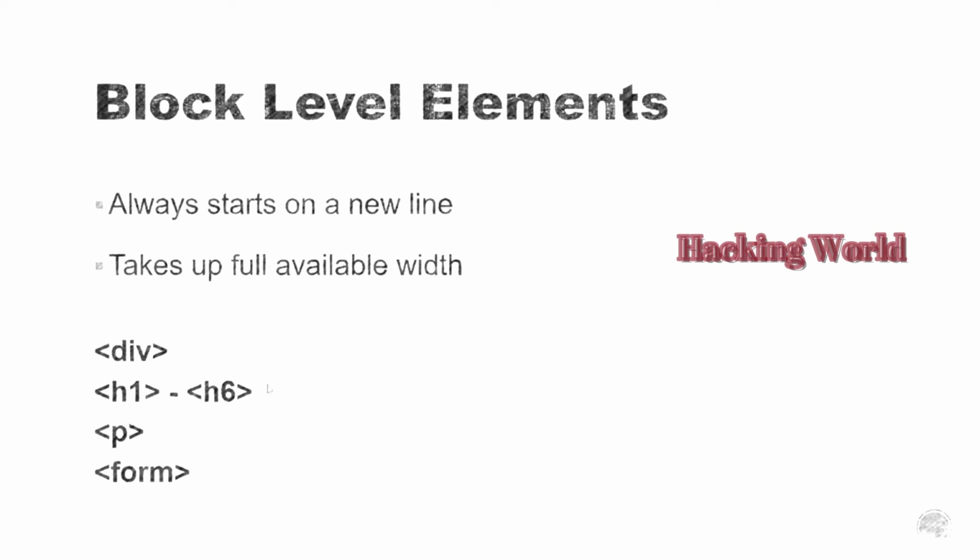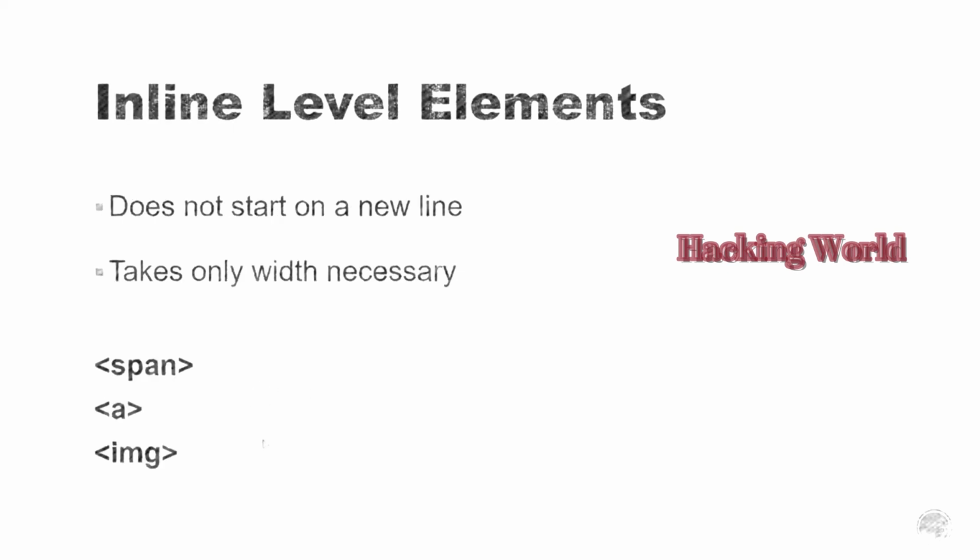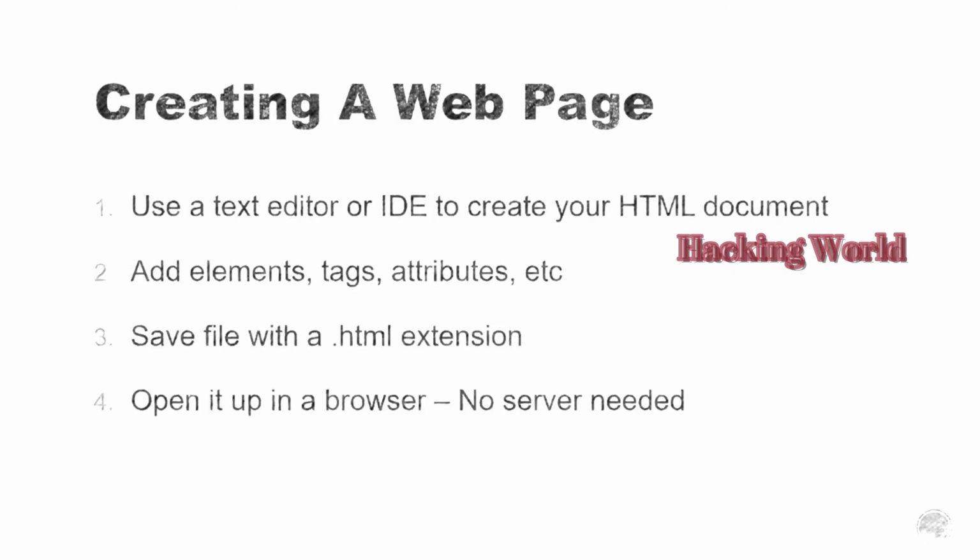And whatever we put after that is going to go on the next line. And then we have inline level elements, which do not start on a new line, and they take only the width necessary for the element. So span, A tags, images, these will all stay on the same line. We can put two spans next to each other, and in the browser they'll display right next to each other on the same line. If they were divs or another block level element, they'd be on separate lines.